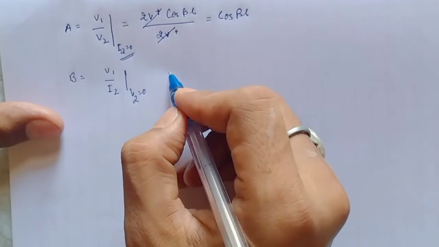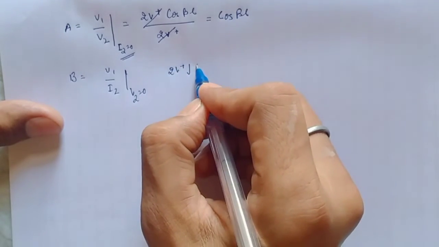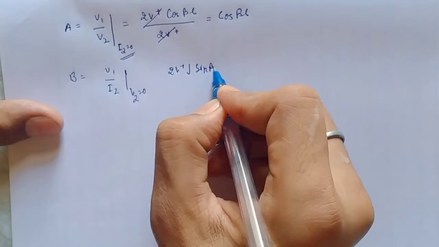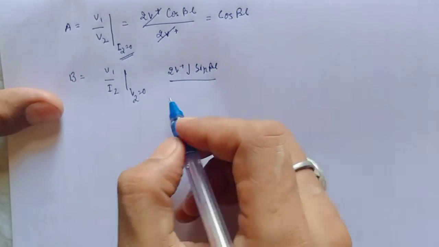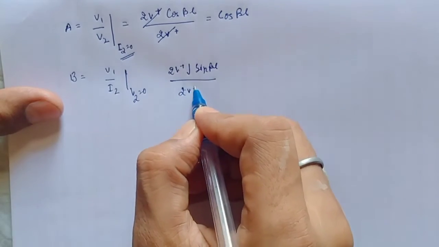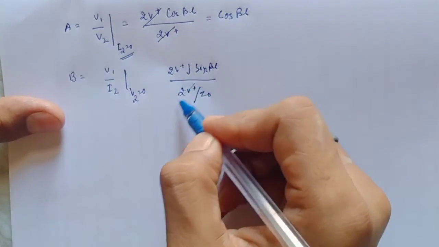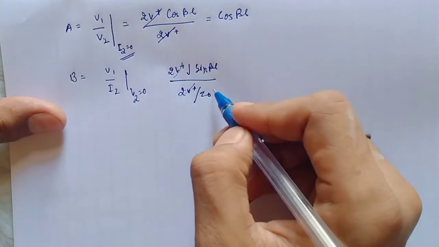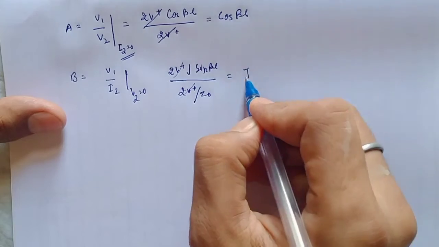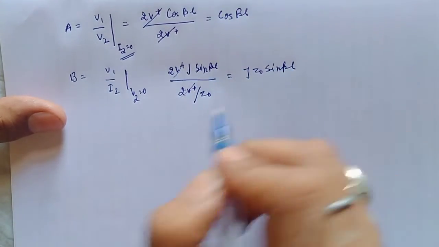My V1 is 2V plus j sin βl divided by I2, which is nothing but 2V plus divided by Z0. So from here this will be cancelled out and Z0 will go upside. This will become jZ0 sin βl.